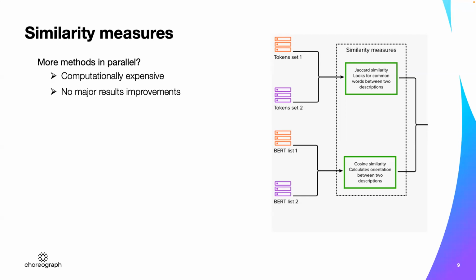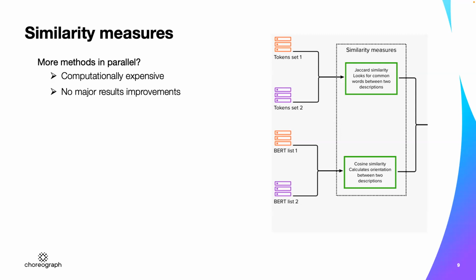Now, when we created this kind of architecture, some people also asked why we cannot have more than two methods in parallel. Of course, we can have lots of other similarity methods in parallel, but when we started experimenting, we started with 4 and 5 as well, but we realized that it doesn't really give major improvements in the results.